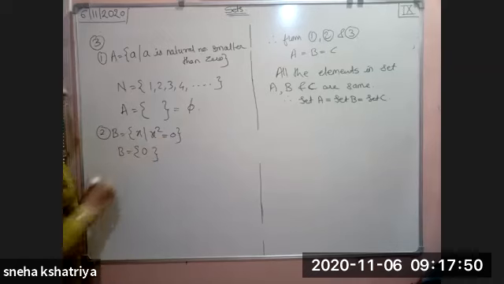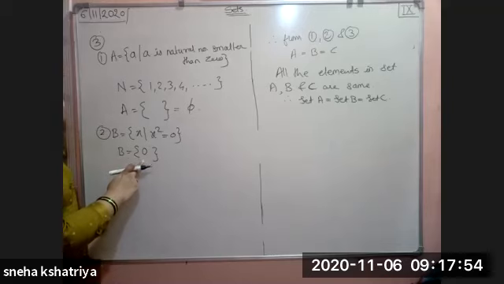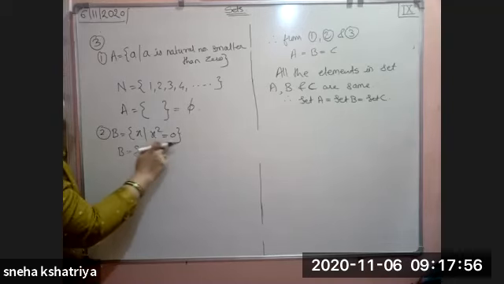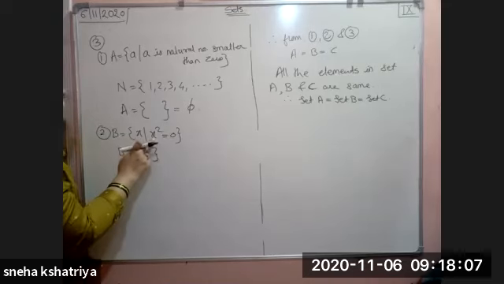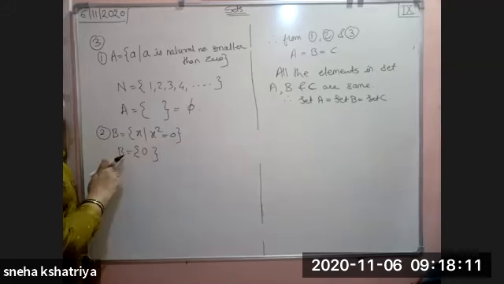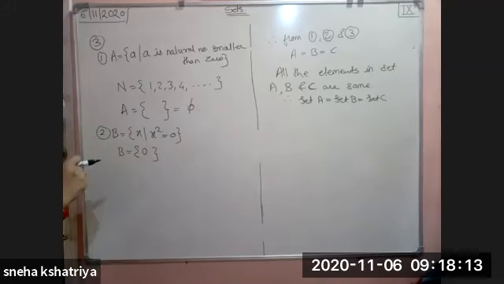So the element will become 0. So B has only one element and that is equal to 0. We have to satisfy this condition, so any element whose square is 0 you have to write in B. So 0 is such an element whose square is 0. So what comes in B? Only 0. The only element in B will become 0.